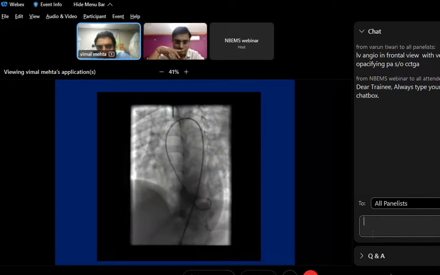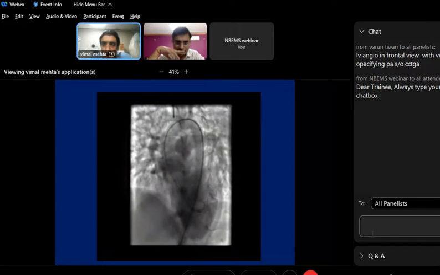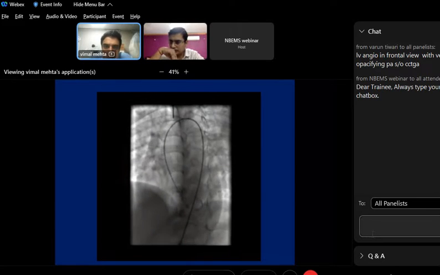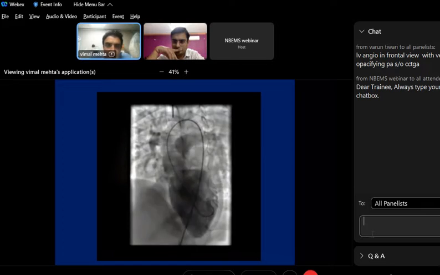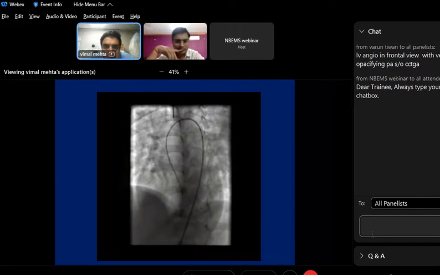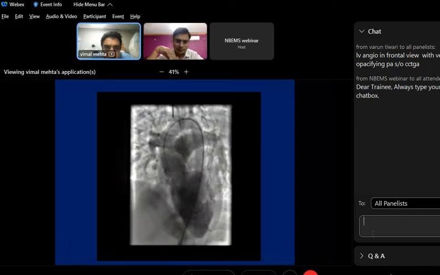So you can have detransposition and all those kind of things. So you have to tell the ventricle characteristics also. So there is a smooth walled ventricle, possibly left ventricle, and the size of VSD doesn't look to be too big. Reason being, the left ventricle is only partially opacified.